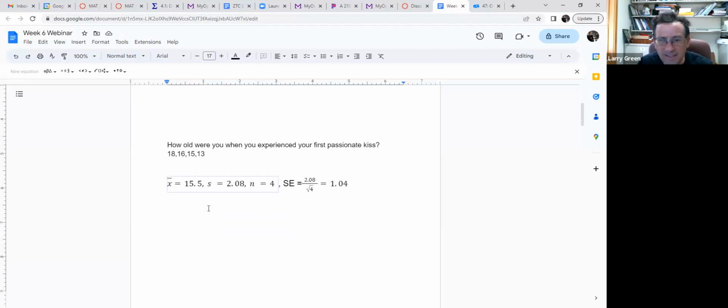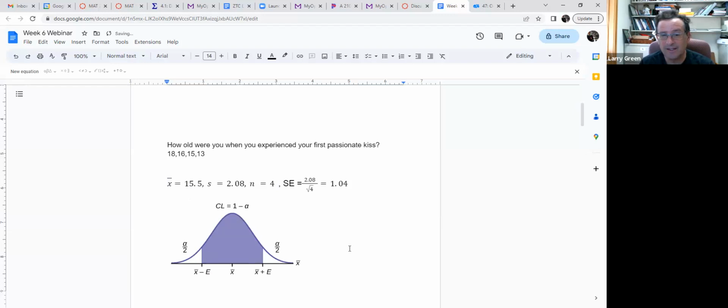All right, so that's a big deal. This is a review of what we've already done, but now we can do a little bit more. Again, we're going to assume we have a normal distribution. Why do I have to assume that we have a normal distribution instead of just knowing we have a normal distribution for the sampling distribution?